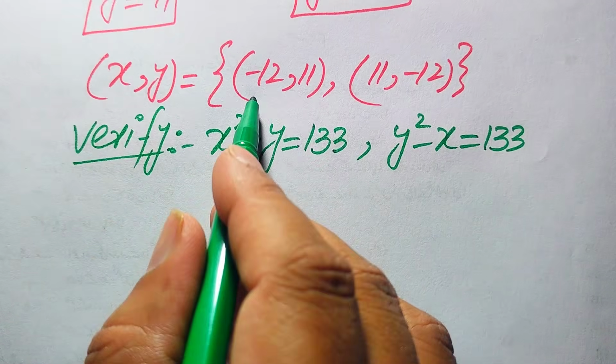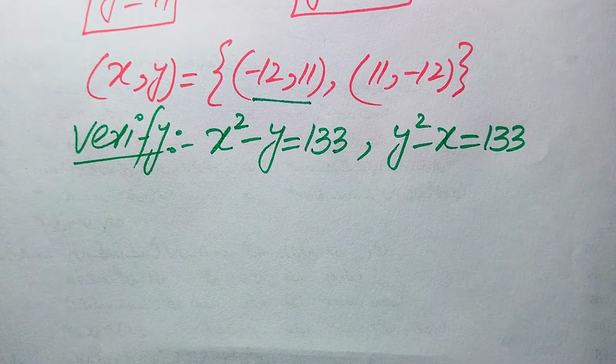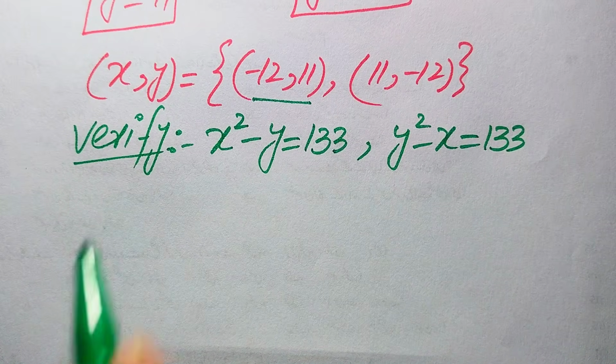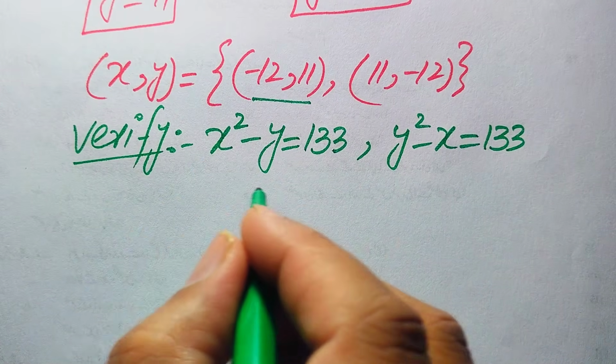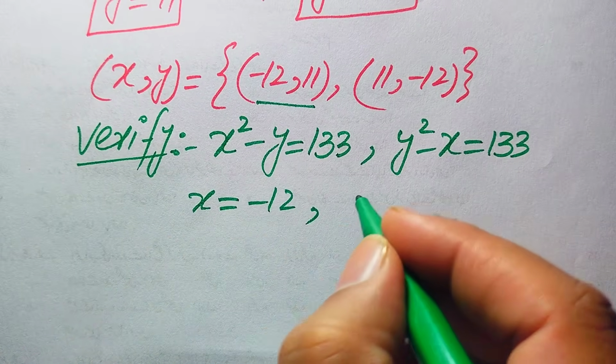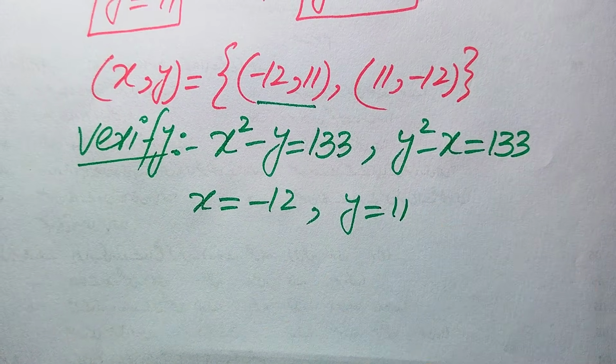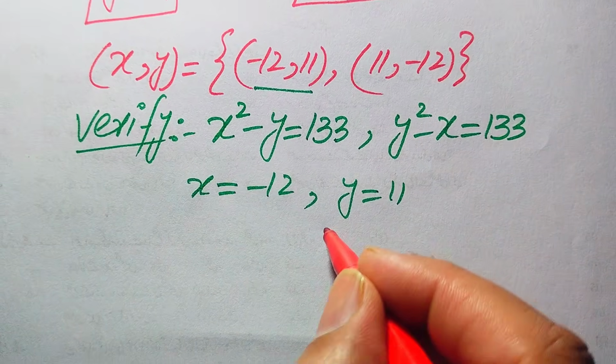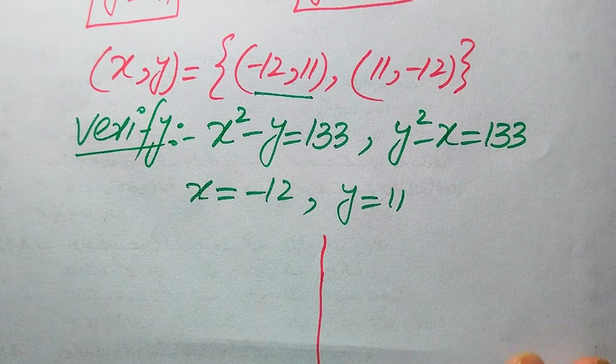Here we can just verify the first root, and I leave the verification process of the second root to yourself. So for this, we substitute x is equal to minus 12 and we take y is equal to 11. We substitute both of these values of x and y into both of the above equations and we check their behavior.